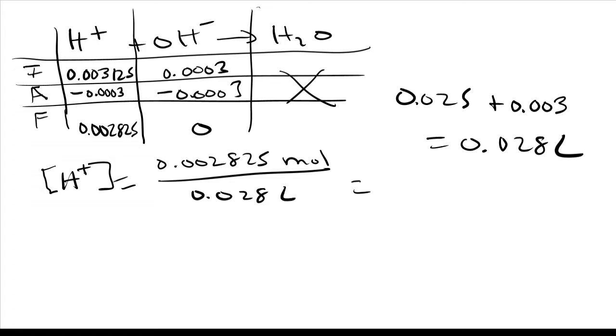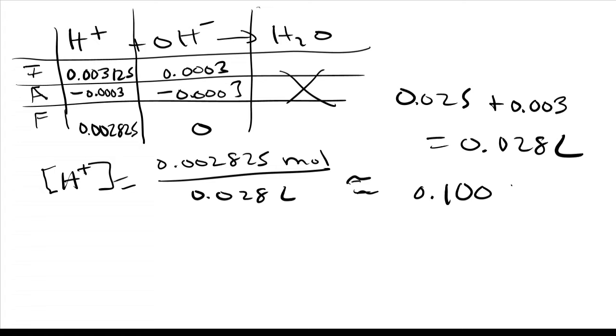Calculator real quick. 0.002825 divided by 0.028. Okay, so we get approximately, it kind of makes sense, about 0.1.